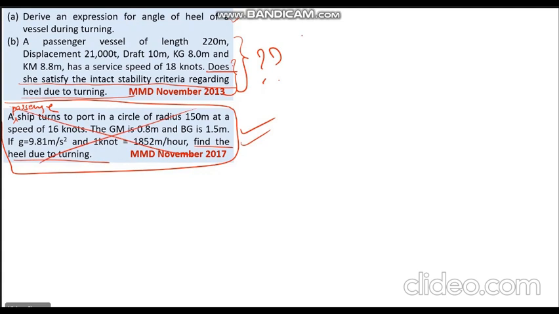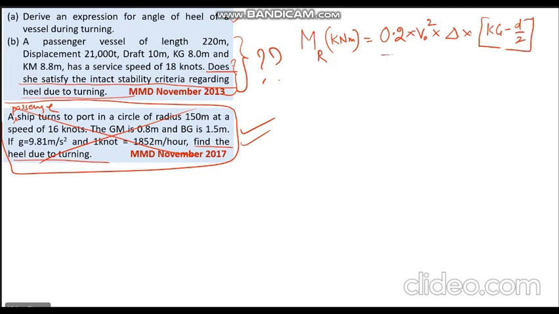When compliance is to be established, then you have to calculate the heeling moment MR, whose units will be kilonewton meter, and the formula is 0.2 into V naught square into the displacement of the vessel into BG, substituted by KG minus T by 2, divided by the length. Yes or no, beta?